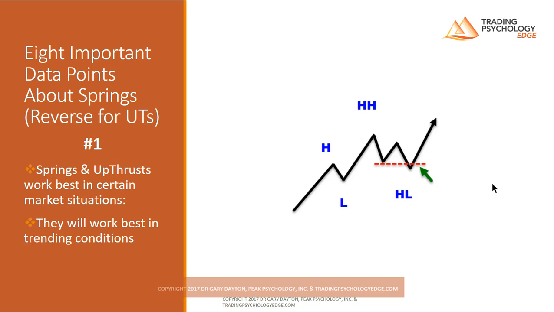And we've seen a couple of examples of that already. Again, it's the higher high, higher low, and that spring that's occurring at some higher high and higher low, the spring is setting up for us. That's when they work the very best.